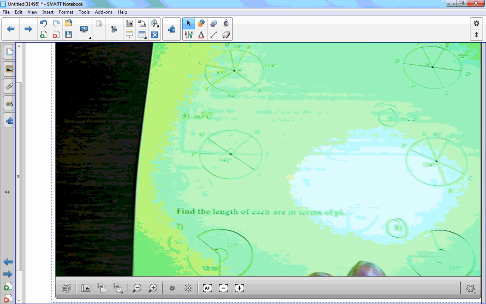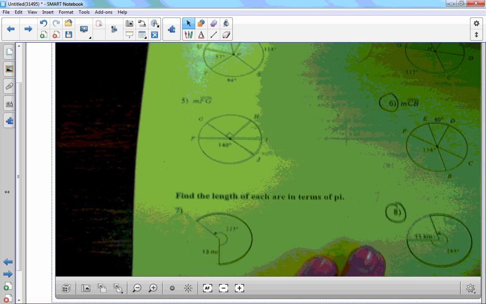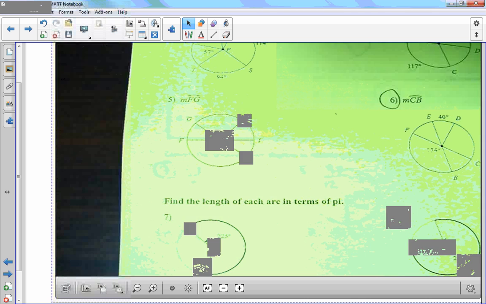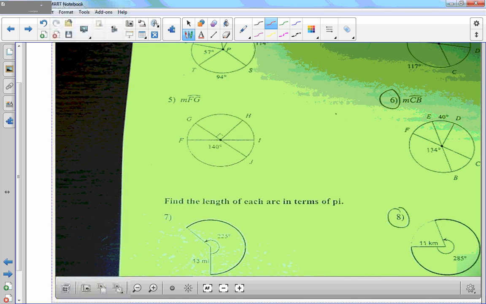Okay, let's look at number 5, an extra credit problem. Find the measure of arc FG. How can we find the measure of that arc? The corresponding arcs.